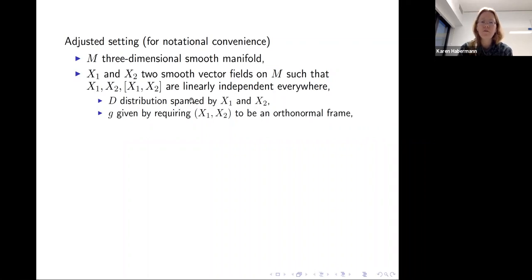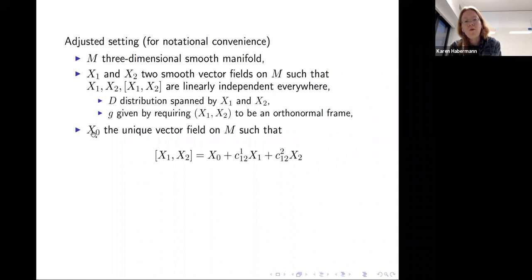It's really just for notational convenience. Once we have those vector fields X1 and X2, we can also define a vector field X0, which is given as follows. Form the commutator bracket of X1 and X2, mod out everything which lies in the distribution, and what you're left with, we call the vector field X0.